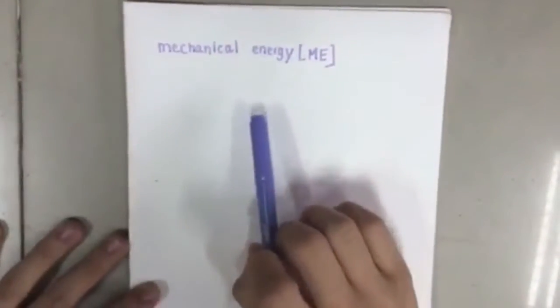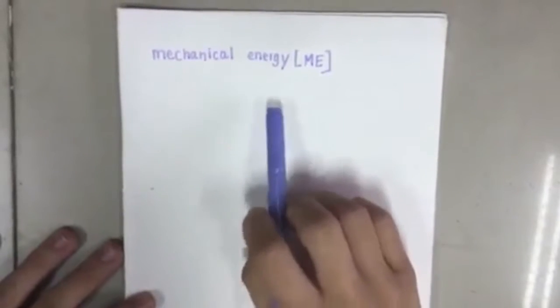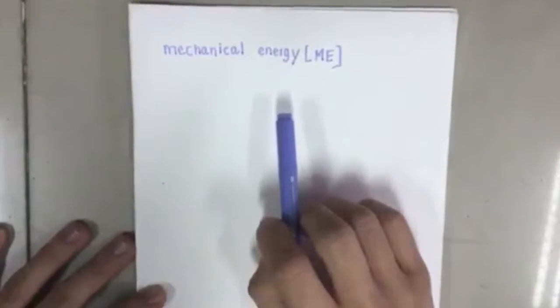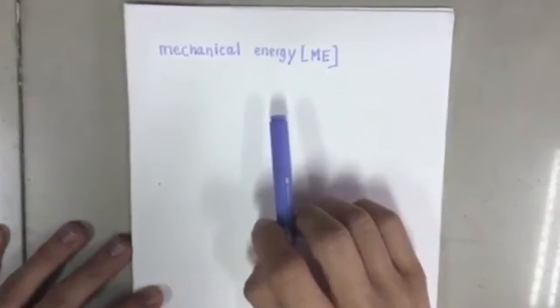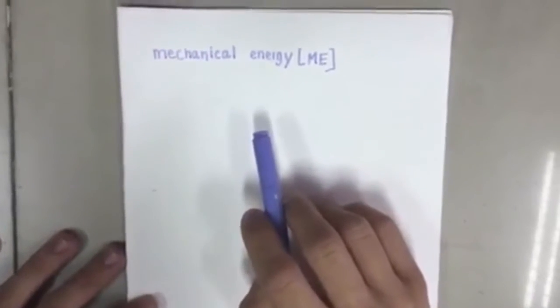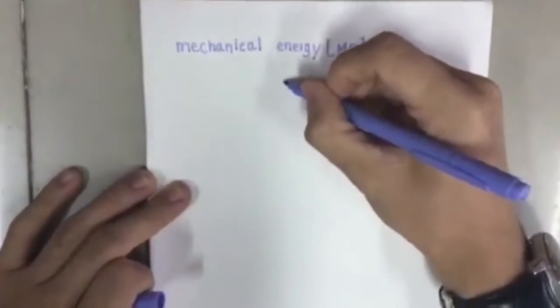Alright, for my part, I'm going to explain mechanical energy. Mechanical energy is the energy that is possessed by an object due to its motion or due to its position. Mechanical energy can be either kinetic energy or potential energy. This is an example of mechanical energy as potential energy.